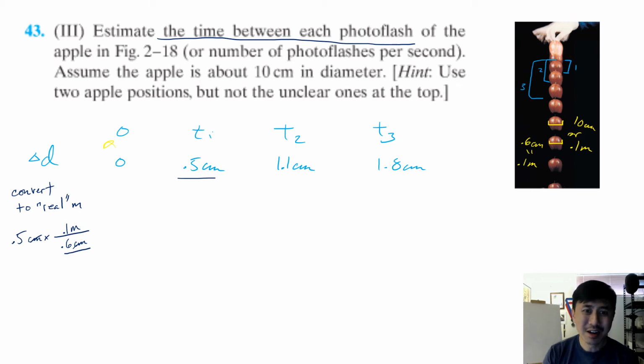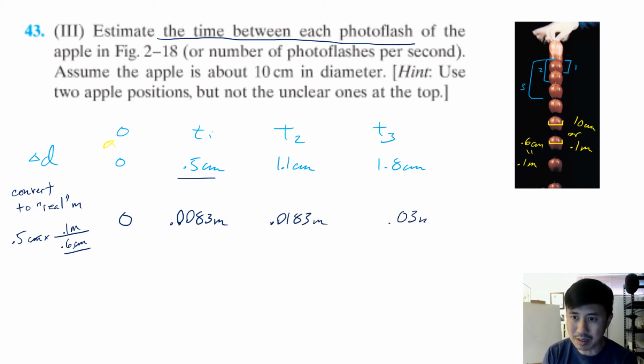I did that over and over again. So when I convert, I turn these into 0.0083 meters, 0.0183 meters, and 0.03 meters.